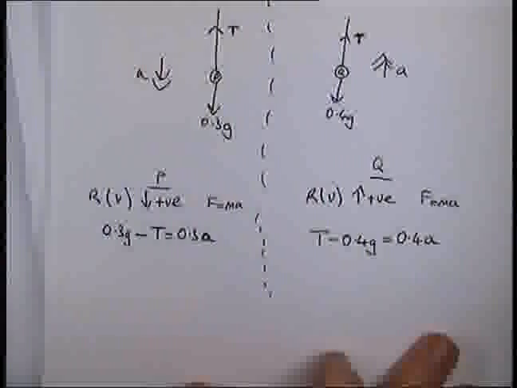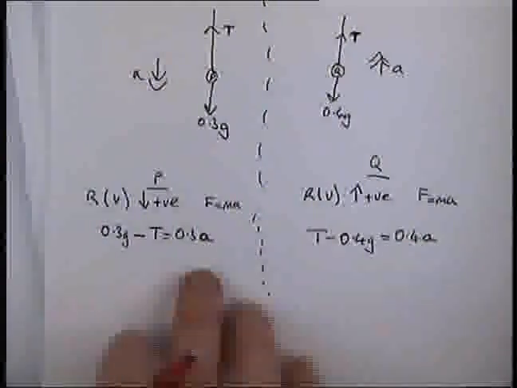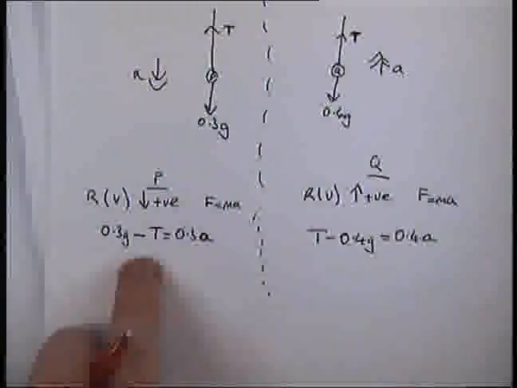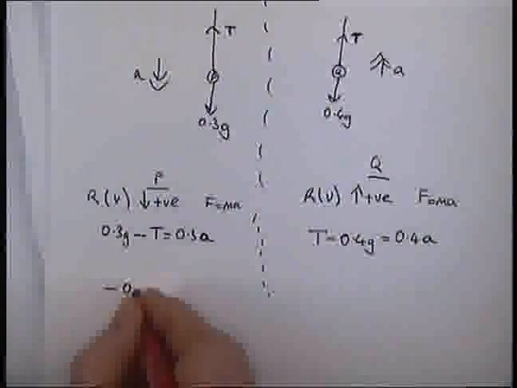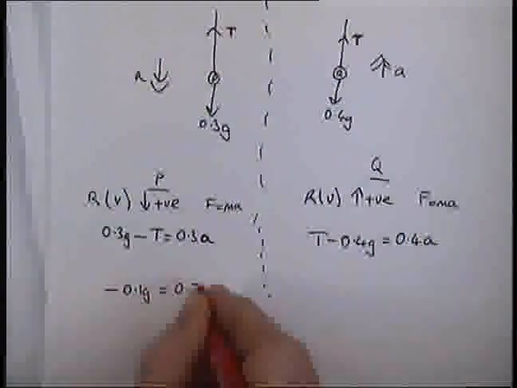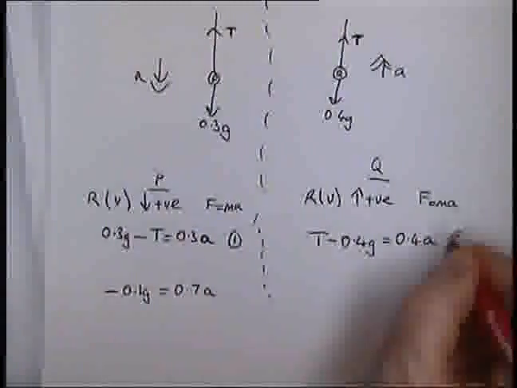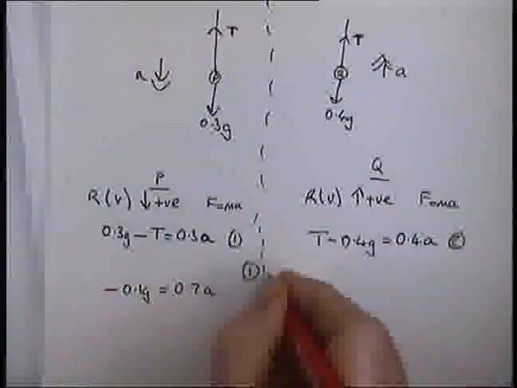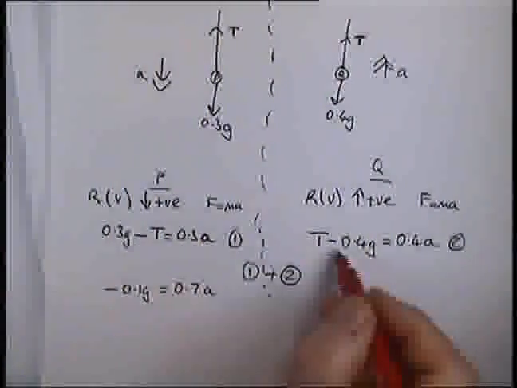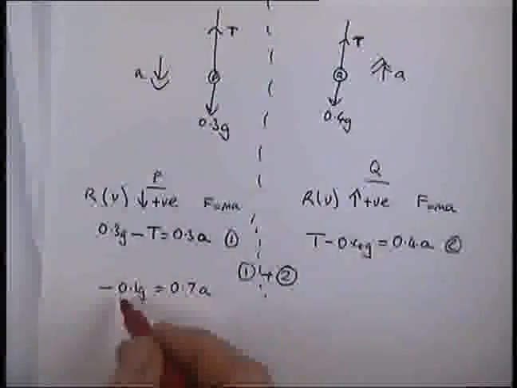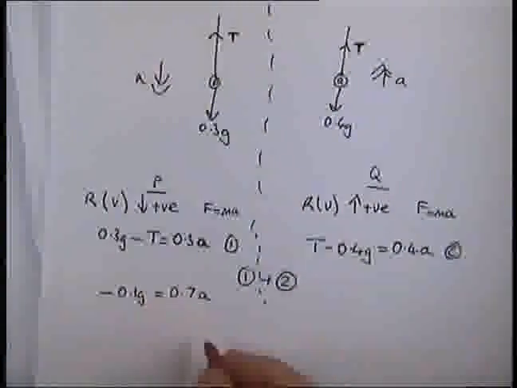So there's all sorts of ways you can solve this, but the easiest way to solve this one is to notice if you add the two equations together, then the T's will sum to make 0. So you get negative 0.1 g is 0.7 A. So let's call that 1 and that 2, and what I've done is 1 plus 2. 0.3 add negative 0.4 is negative 0.1, and 0.3 and 0.4 is 0.7.